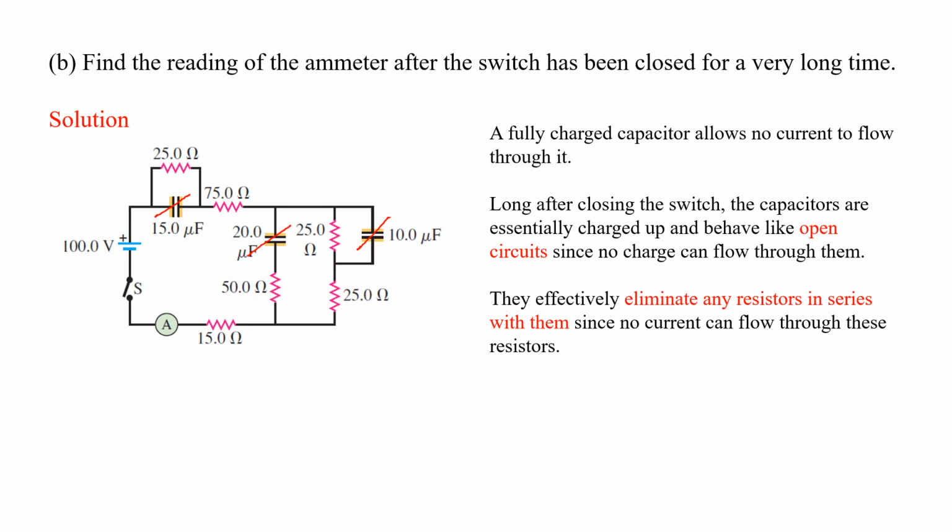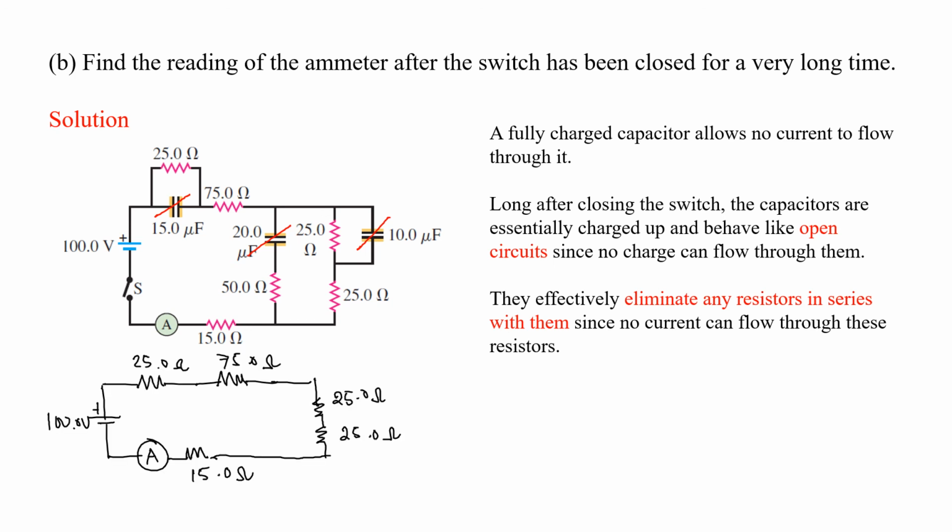If these are open, they will effectively eliminate any resistors in series with them, since there's no current anymore that can flow through these resistors, and your circuit will just become like this. So if this is open, then you have a series connection here with your 25 ohms and then your 75 ohms.